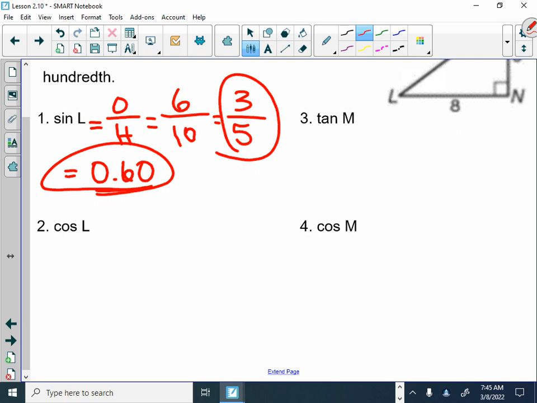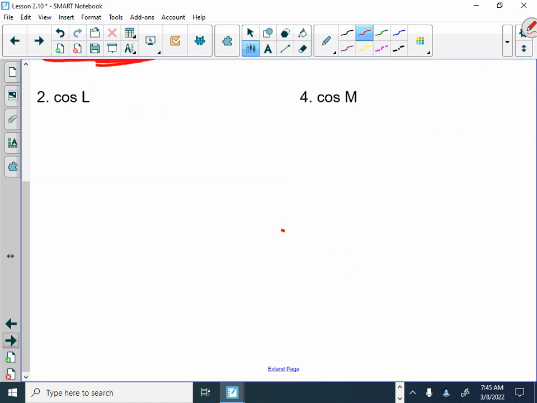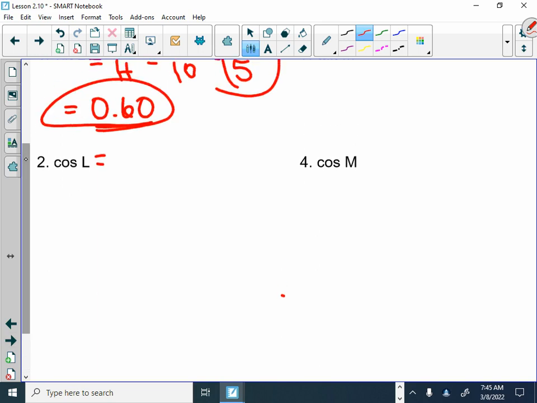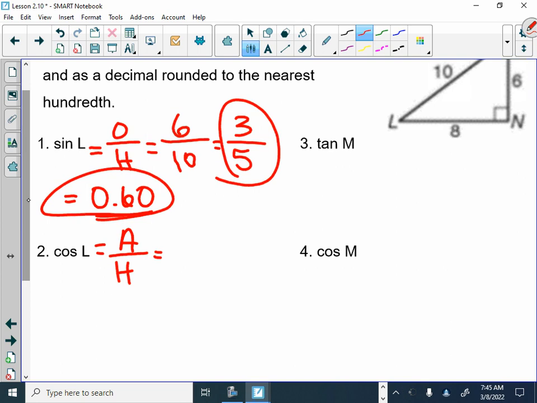Alright, number 2. I need the cosine of L. So I'm still working with angle L. What is the ratio for cosine? Adjacent over hypotenuse. Good. So I need the leg adjacent or next to angle L and divide that by the hypotenuse. Which leg is adjacent to angle L? 8.